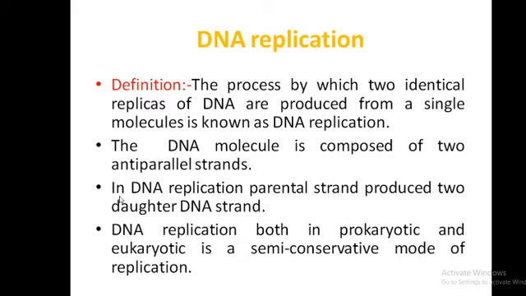In DNA replication, the parental strands produce two daughter DNA strands. When we start the DNA replication process in prokaryotic and eukaryotic organisms, a single parental strand produces two daughter strands. DNA replication, both in prokaryotic and eukaryotic, is a semi-conservative mode of replication.